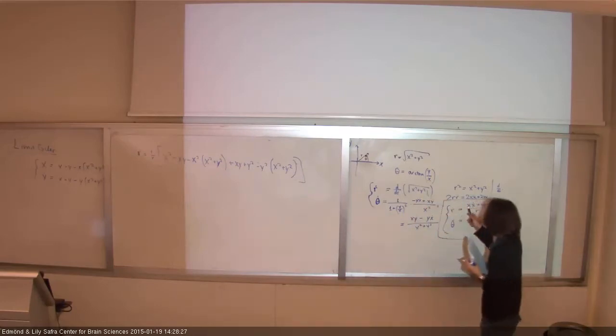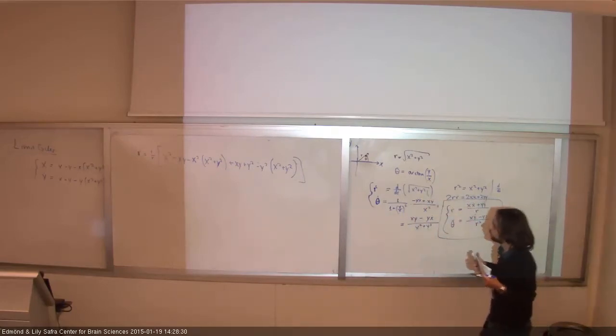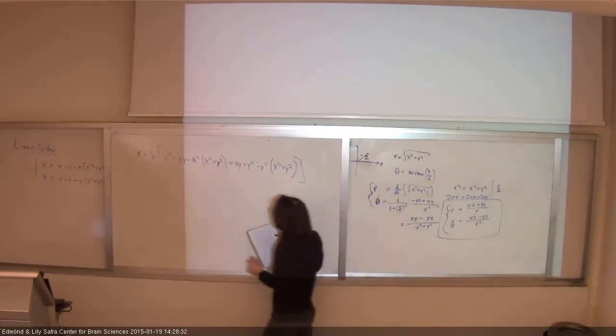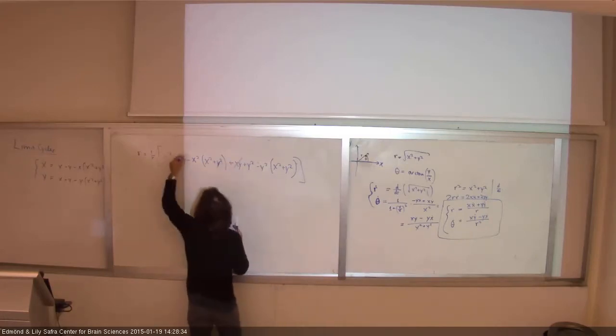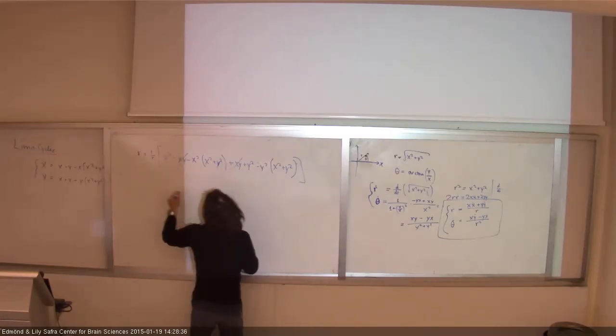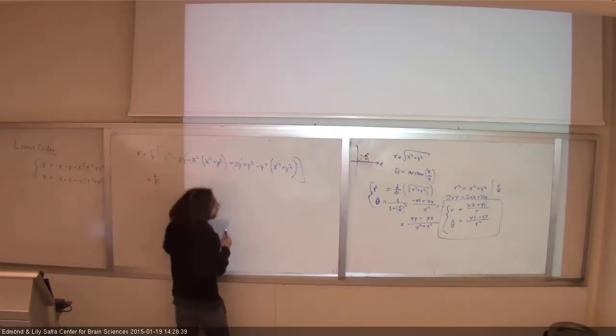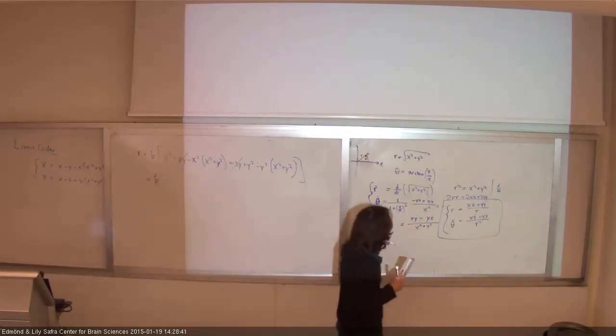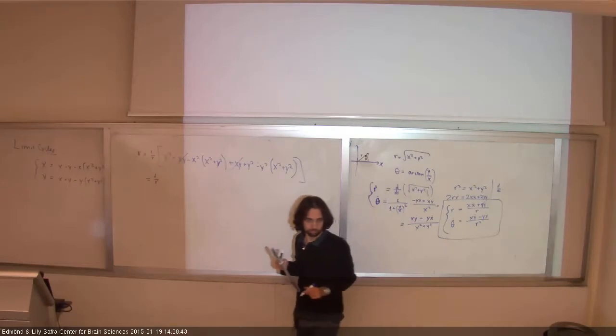Right, I just took x times x dot plus y times y dot. This goes away. You're only substituting the x dot and the y dot according to the system.